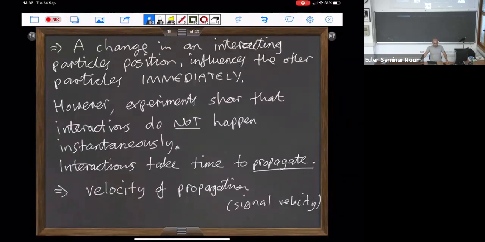But clearly, experimentally, we've seen that interactions cannot happen instantaneously. They take time to propagate. So that leads to this concept of signal velocity, or the velocity of propagation.